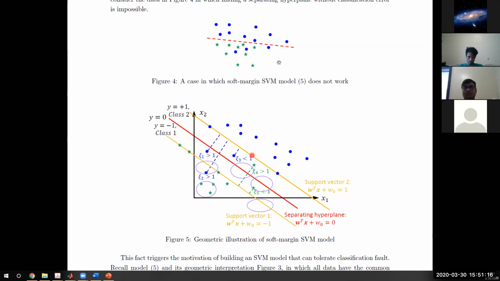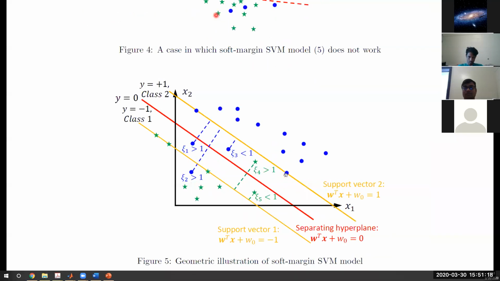Let me erase all of them and redraw it, using purple color this time. 1, 2, and 4. What are the common points? Or let's say why are they different from point 3 and point 5?